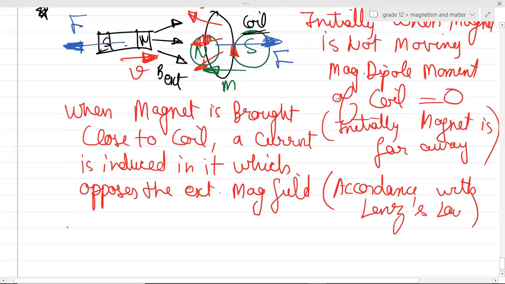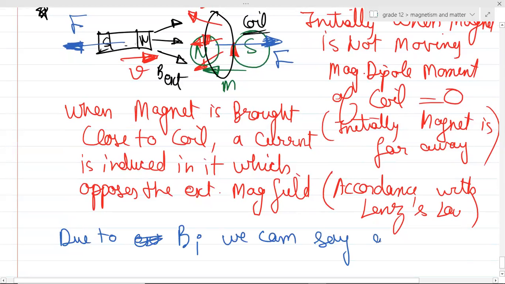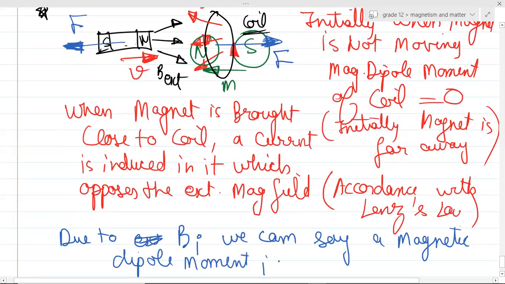So we can say that due to the induced magnetic field, a magnetic dipole moment is induced in the coil.